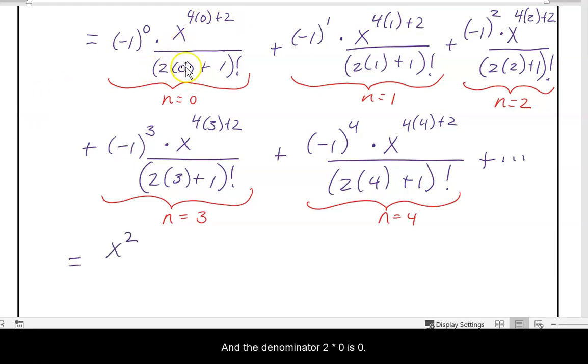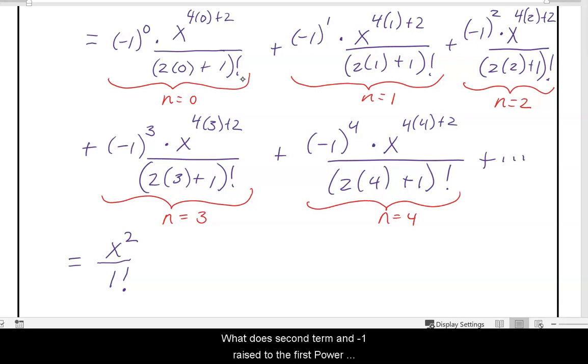And the denominator, 2 times 0 is 0, plus 1 will give me 1, and 1 factorial is also 1. However, I am aware that if I reduce too much, I may lose some of the pattern that is developing. In that case, I'm going to go ahead and leave it as 1 factorial in case I need the factorial as part of my pattern.